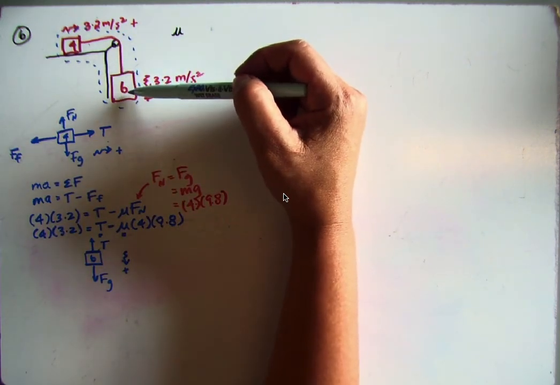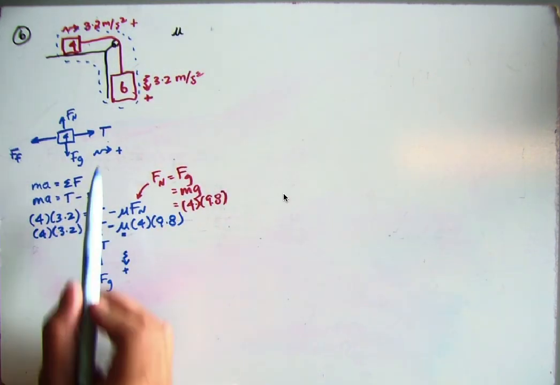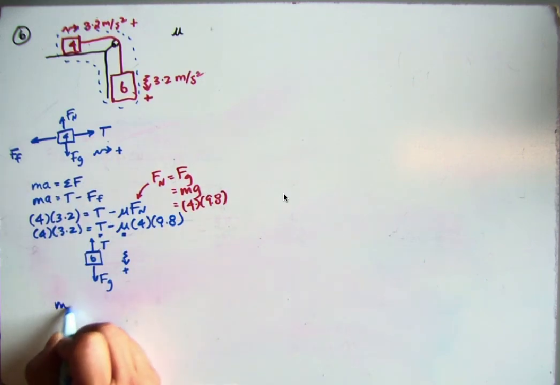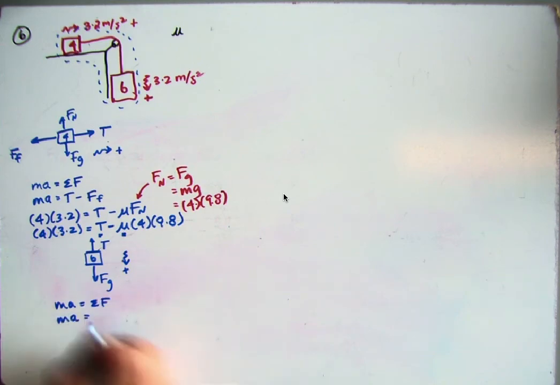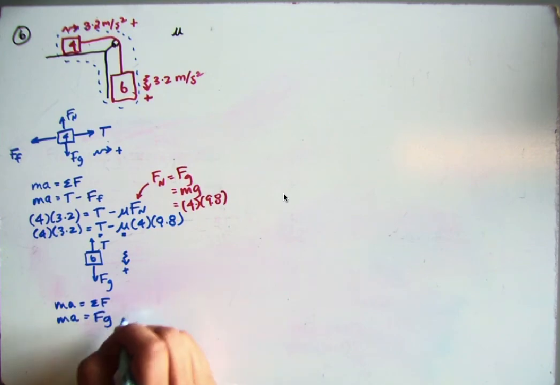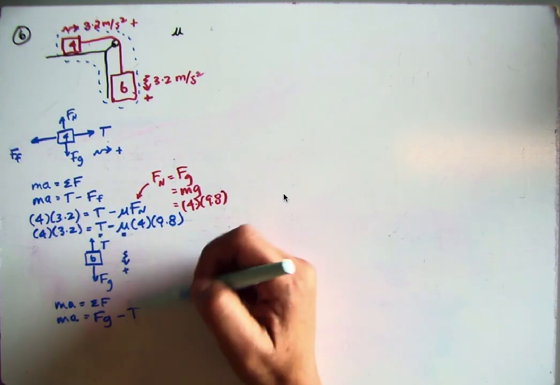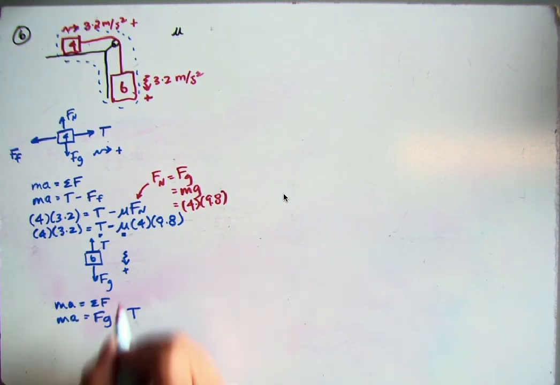If 6 accelerates down, 4 accelerates to the right, and therefore we're going to make the right positive and down positive. And when we do our MA equals the sum of the forces, I'm going to remember that FG is positive, so it's Fg minus T. That way my T's are equal and opposite, so I know they're action-reaction forces. This Fg is different because it is connected to this free body diagram.